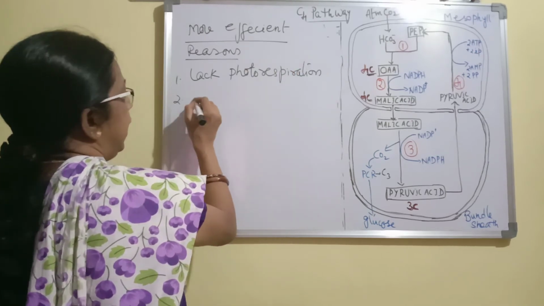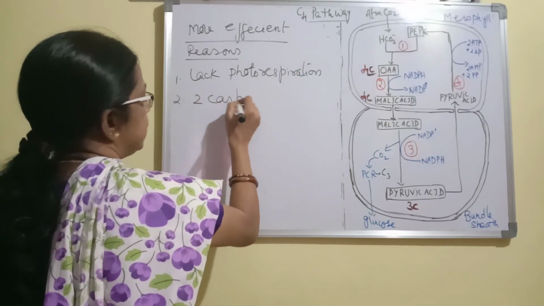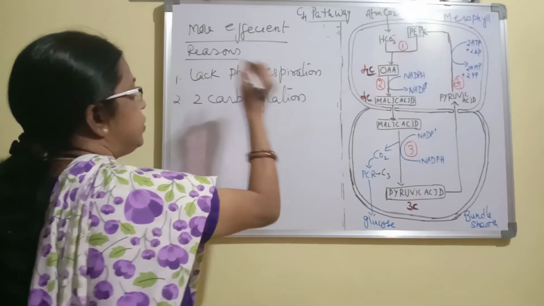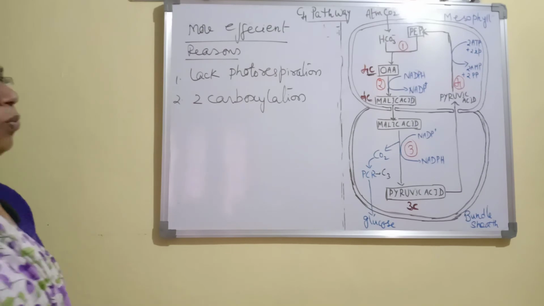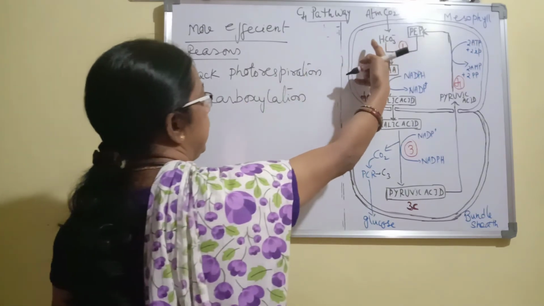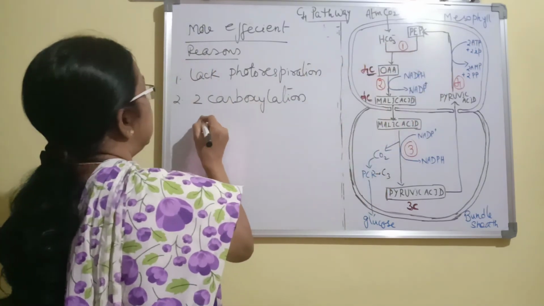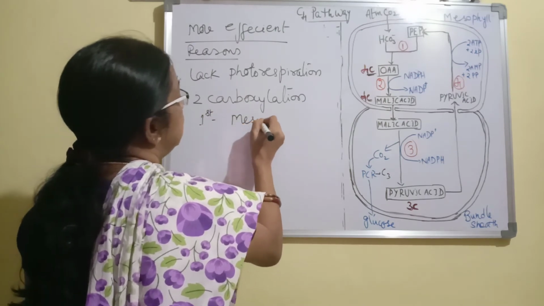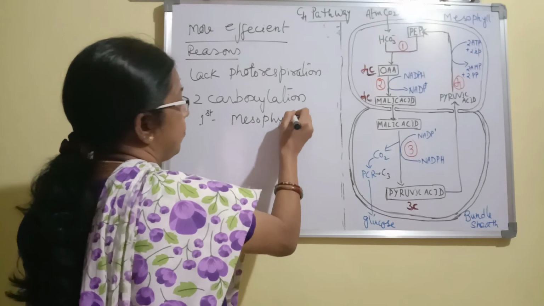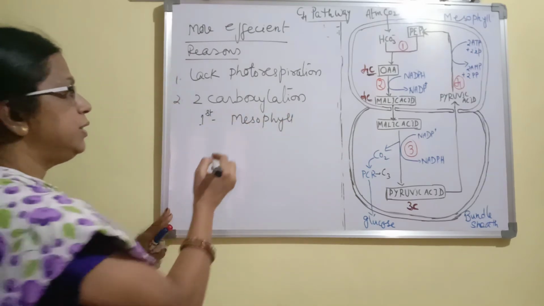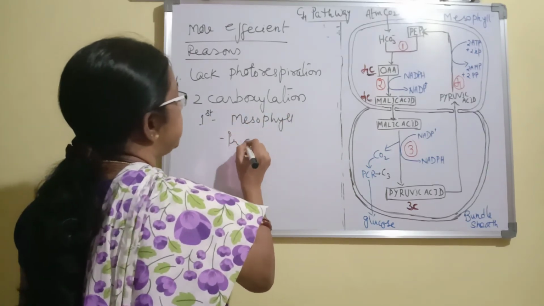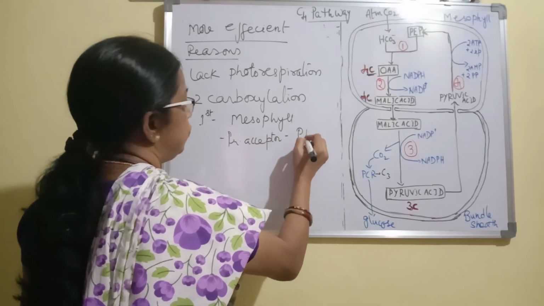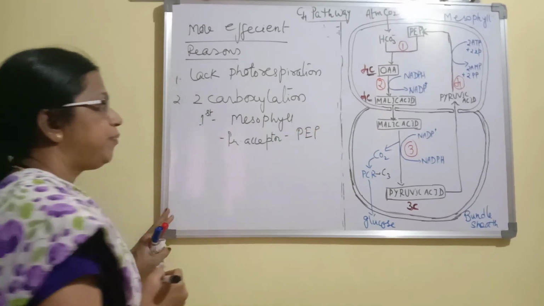The next is they have 2 carboxylation reactions. One carboxylation is taking place in mesophyll cells, where the primary acceptor of carbon dioxide is phosphoenol pyruvic acid.